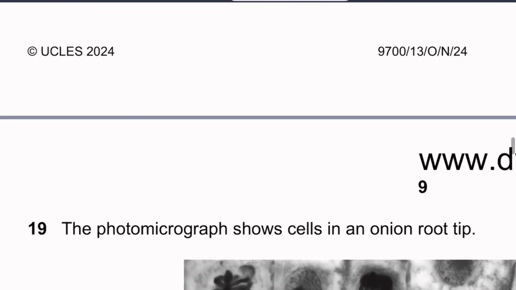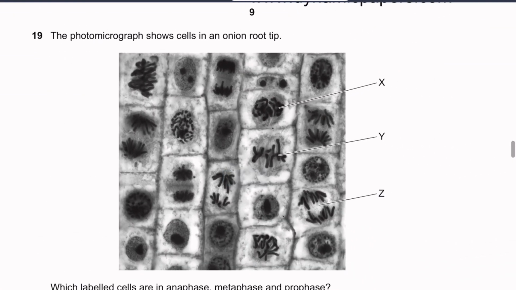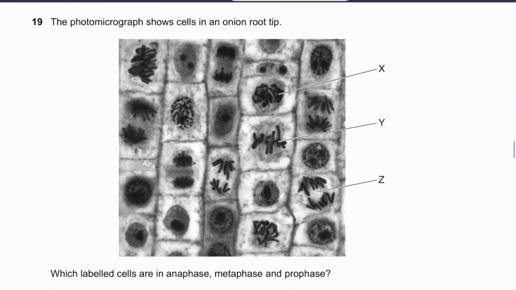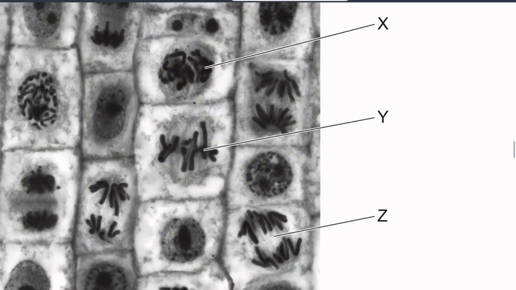Okay, moving on to 19. The photomicrograph shows a cell in an onion root tip. So you can see the different stages of mitosis. Now, which cells are labeled in anaphase, metaphase, and prophase? Okay, so to identify the stages, firstly, you have chromosomes just being condensed and the nucleus freshly broken down. I feel like X is prophase.